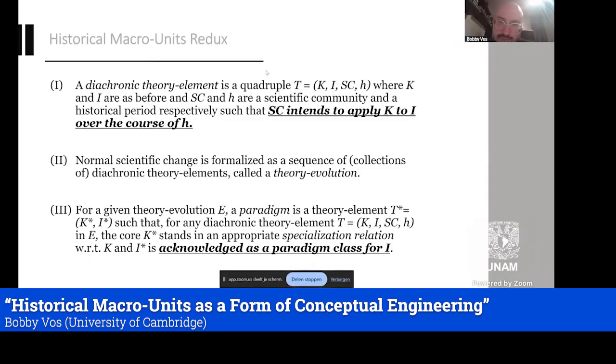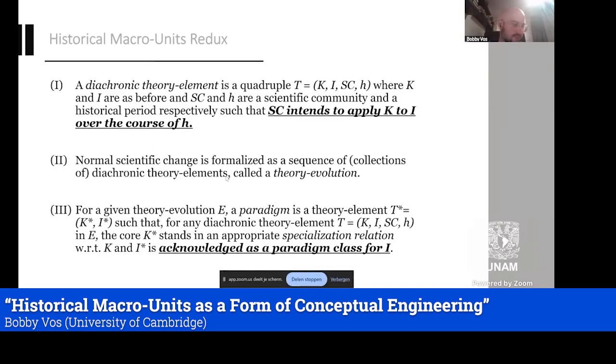They start off by generalizing the flat definition of theory, explicitly including historical components involving the scientific community, SC, as well as the specific historical time period reflected here by H. And then, as you can see here, they give this extended definition of the notion of scientific theory, which includes the intention by the scientific community to apply the theory core K to this class of intended applications I over the course of time period H.